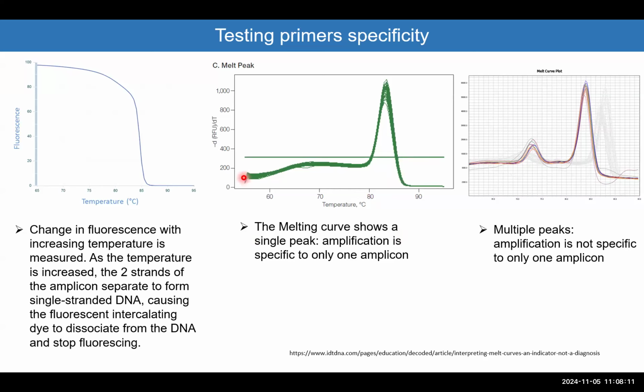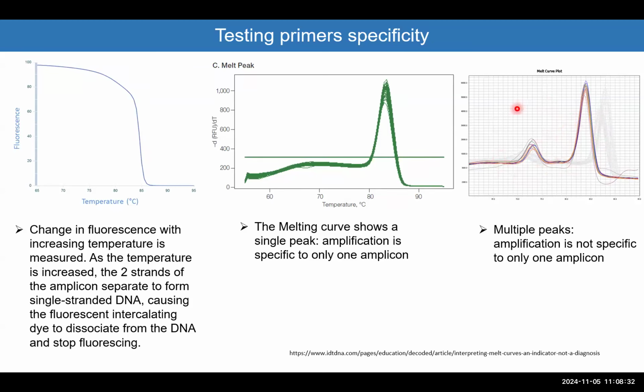Now, if you get this type of curve with your primers, this means you are amplifying only one product. And this means your primers are very good to use. However, if you get this type of melting curve, it will tell you that you have two different products.